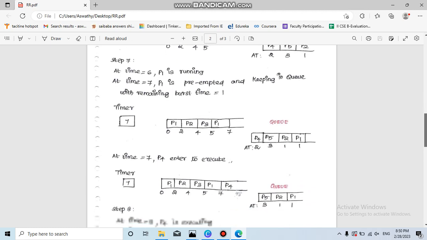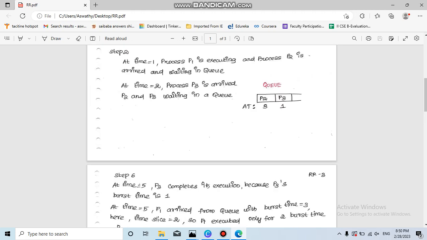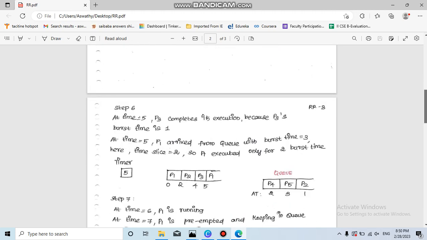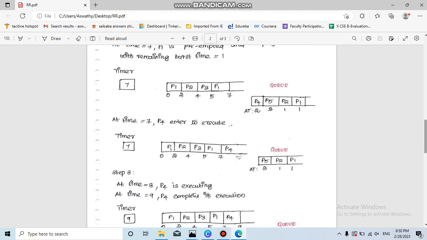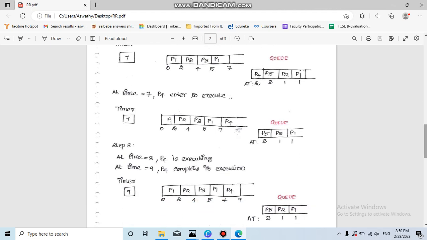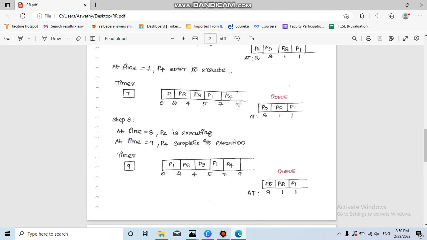Likewise at time 7, P4 has 2 burst time and it gets inside and executes. Since all other processes are inside the queue, they will execute orderly. After time 8, P4 starts execution and at time 9, P4 completes its execution.